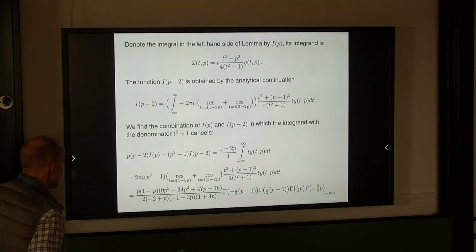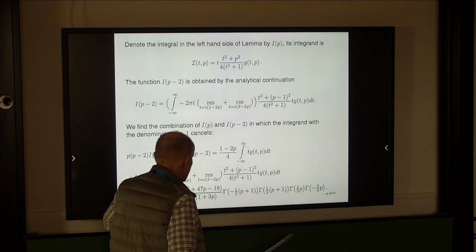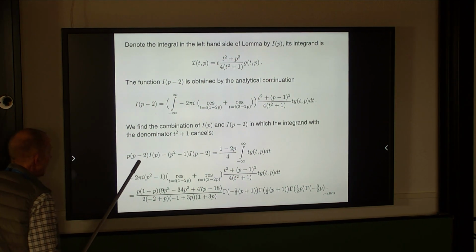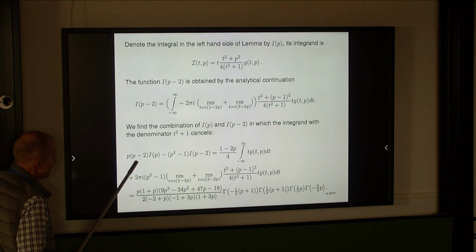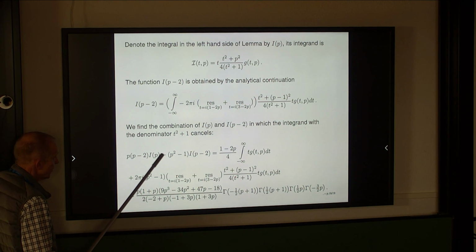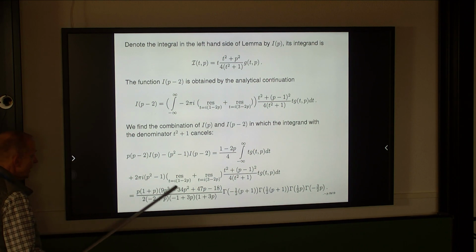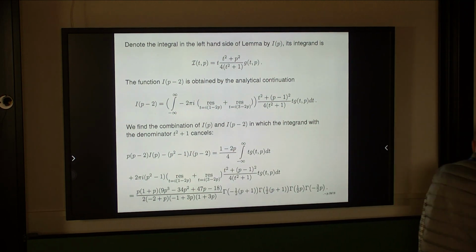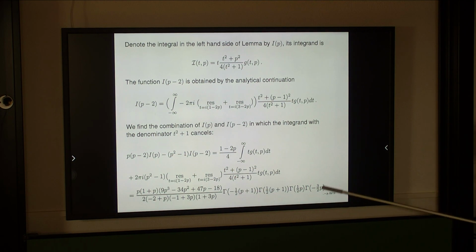Once again, I use some simple analytical continuation, and at some point I come to the following relation: I of p multiplied by p minus 2, minus I of p minus 2 multiplied by p squared minus 1, is equal to this expression, essentially expressed in terms of gamma functions.